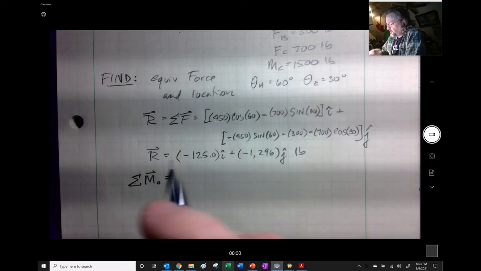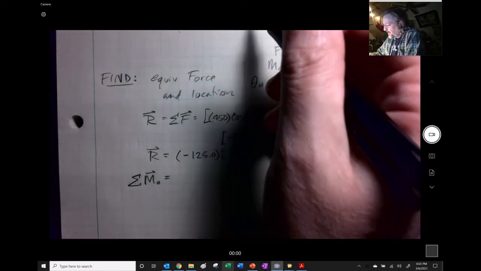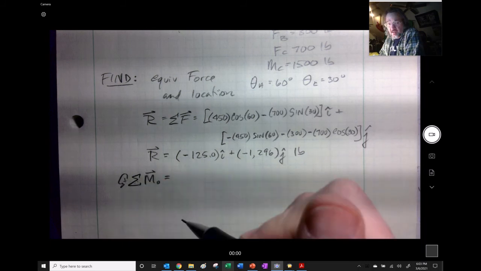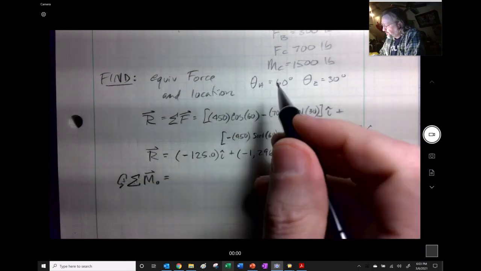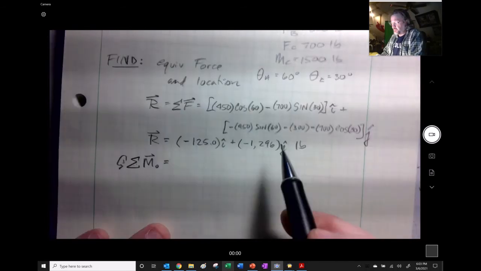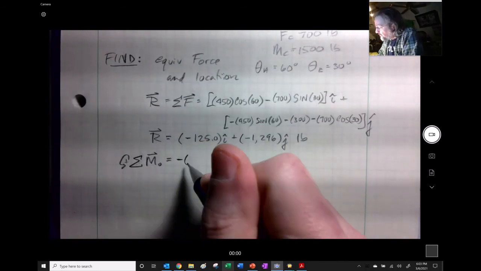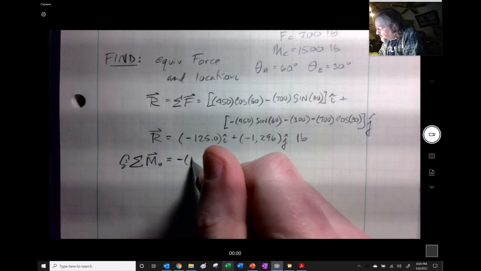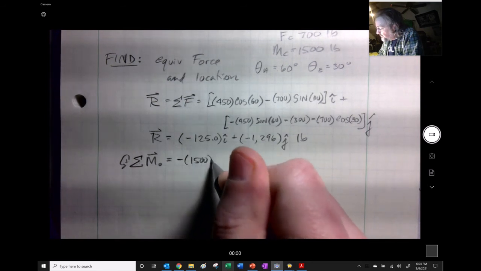We don't want to do the cross products, so we'll just add them up. Remember that counterclockwise is positive. So let's add in this MC right here, but it's negative because of the direction it's going. And so it's going to be 1,500.